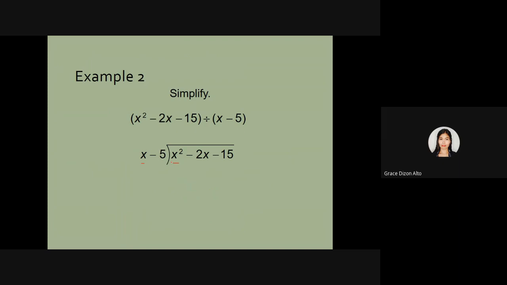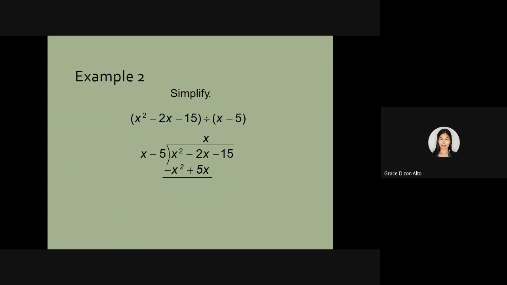So the first thing we have to do is divide our first term by the first term of the divisor. So we get x squared divided by x. Following the quotient rule, we got x. So x times x is x squared, and x times negative 5 is negative 5x.